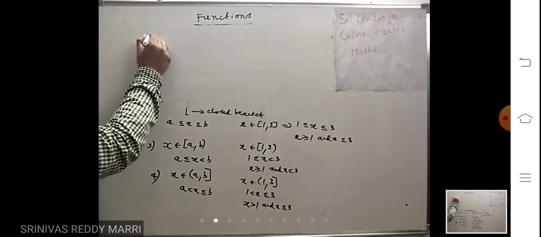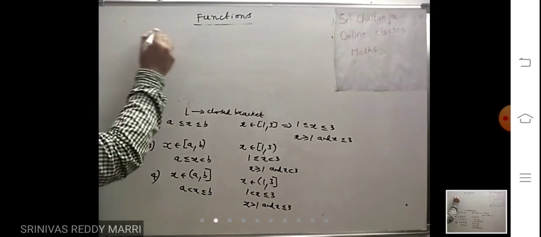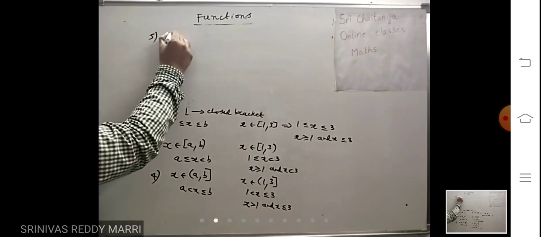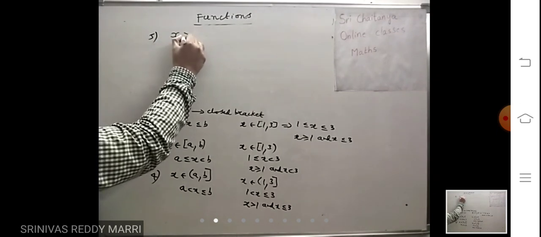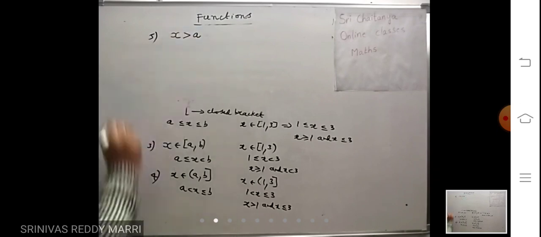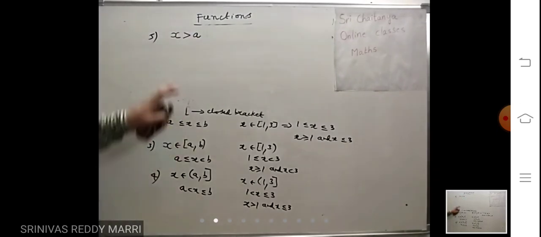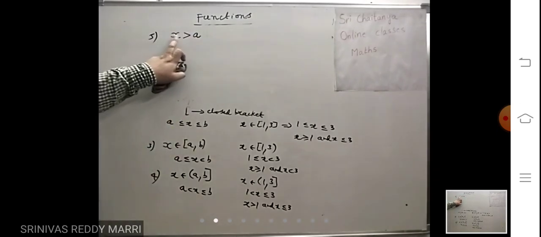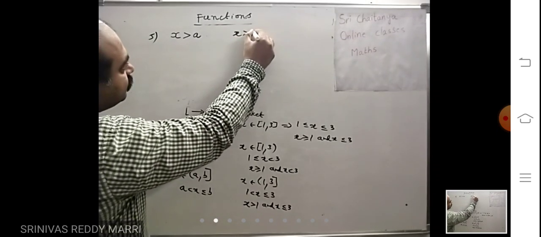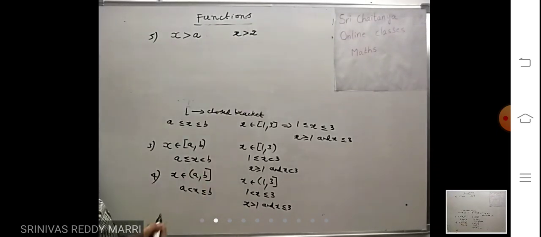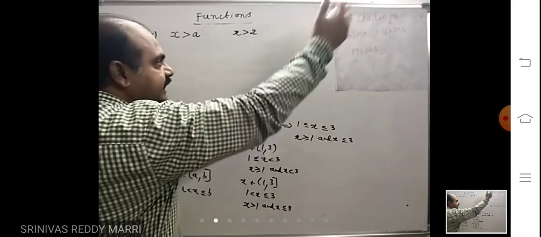Suppose, look at the next. Suppose you get x greater than a. X greater than a means x will be, suppose like this, x greater than 2. X greater than 2 means from 2 to anything.